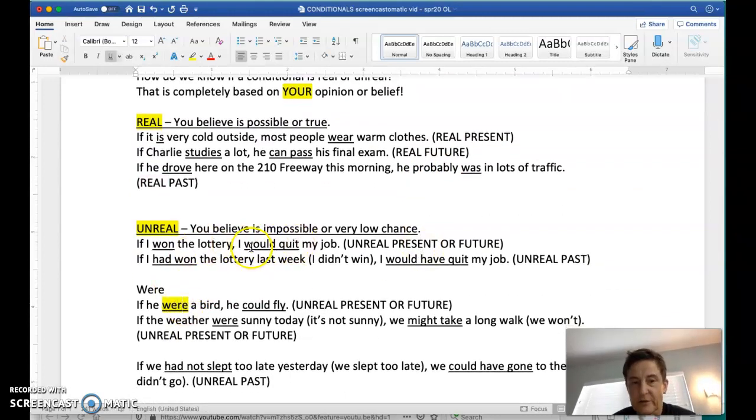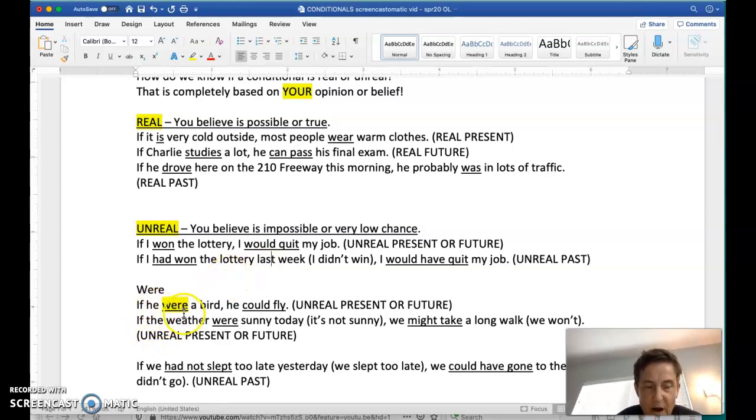So let's go through these. I'll put results clause first. I would quit my job if I won the lottery, unreal. I would have quit my job if I had won the lottery last week, unreal.